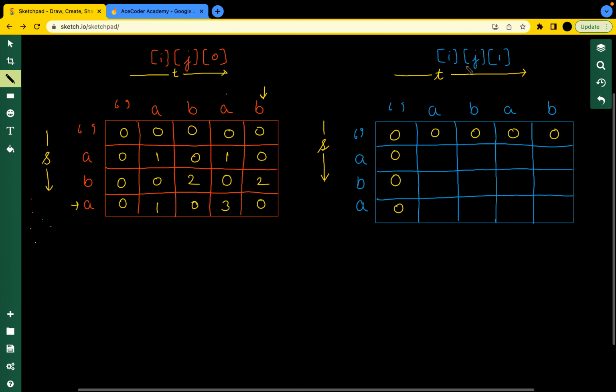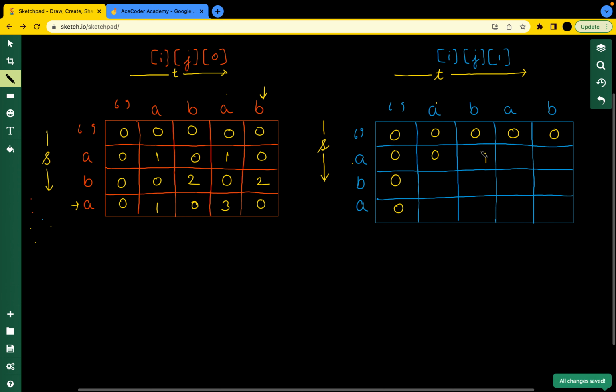Now let's see what is the case when they differ by 1 character. When we are at A and A, because they are equal, definitely they do not differ by 1 character. So the answer will be 0 because they are equal. When we are standing at A and B, we check that because they are unequal, it is definitely possible that these both do not match, and hence the answer will at least be 1.